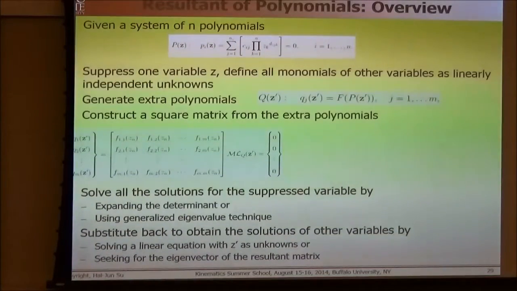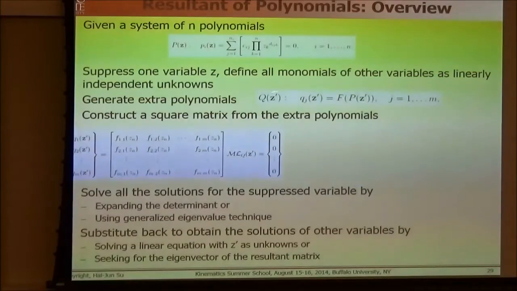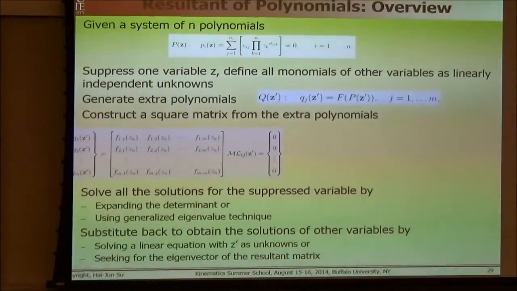And that's how you can obtain those auxiliary polynomials. Sometimes it's by experience, sometimes by geometric intuition of your mechanical system or your linkage system. So if I find these auxiliary polynomials, I can construct what's called the resultant matrix, which is typically a square matrix with the one suppressed variable in it. If Zn is a solution, the determinant should vanish, equal to 0.